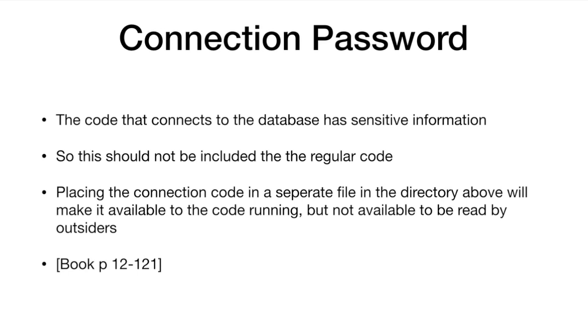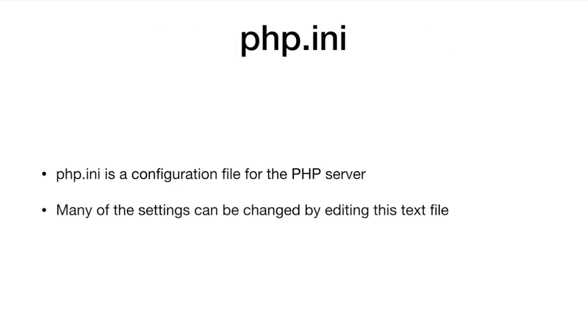And so then people running the code in the lower directories couldn't actually get access to that. This is explained in the book on page 120, so you can have a look there. We're not going to do this, but it's something you should know about. You wouldn't put your database connection code in with everything else. You put that in a special place where it's harder to get at.